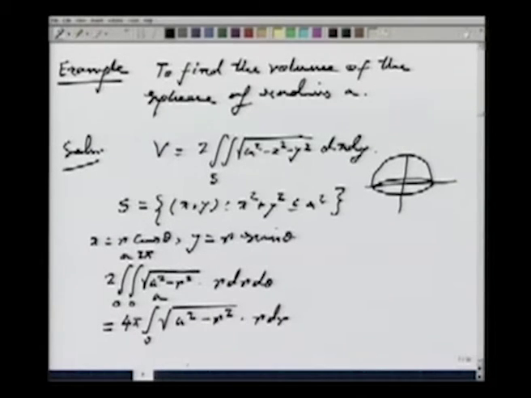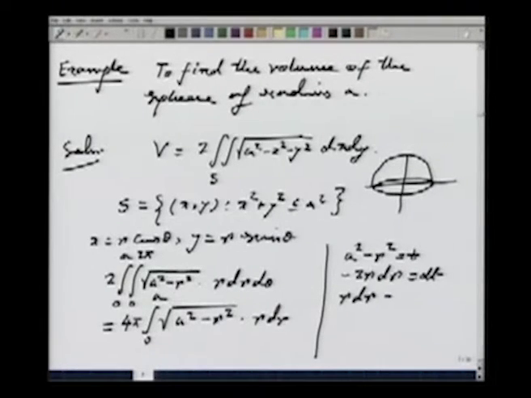You just put, let us say, a square minus r square is equal to t, then minus twice r dr equal to dt. That means r dr is equal to minus half dt, and the limits of integration change. If r is equal to 0, then t equal to a square. If r equal to a, then t equal to 0.